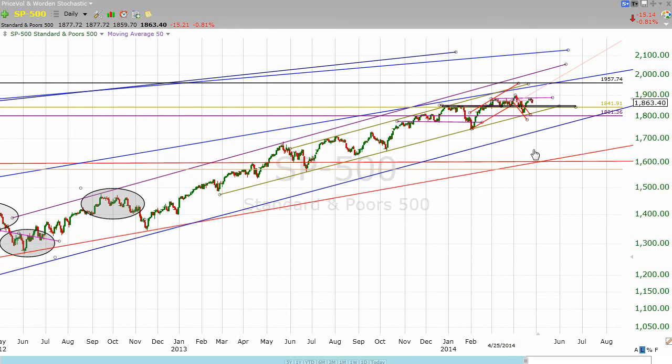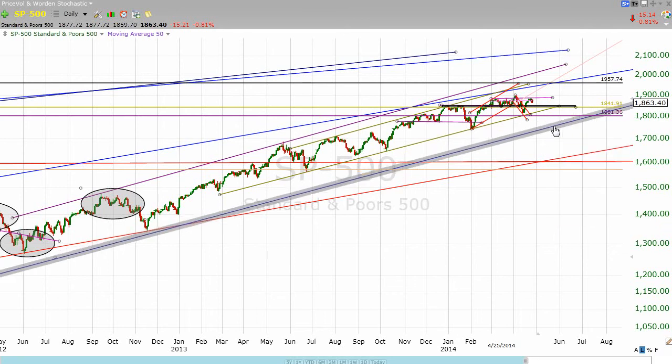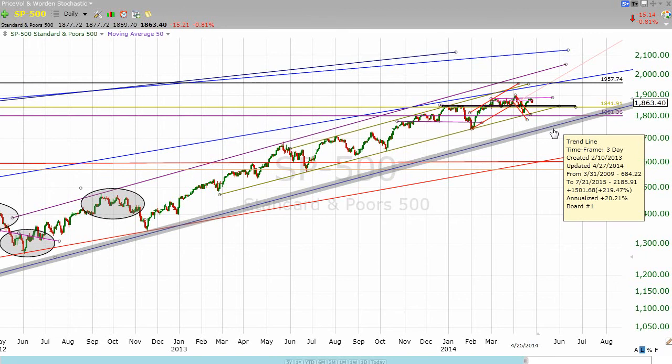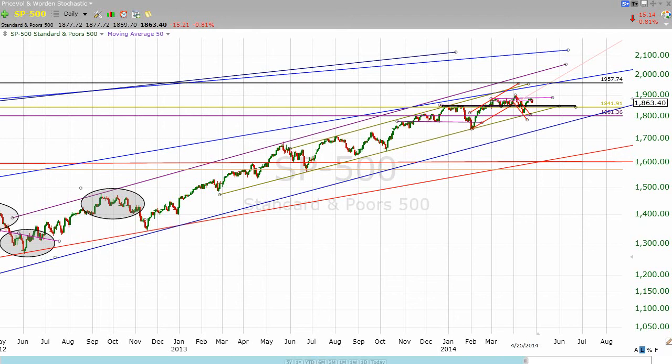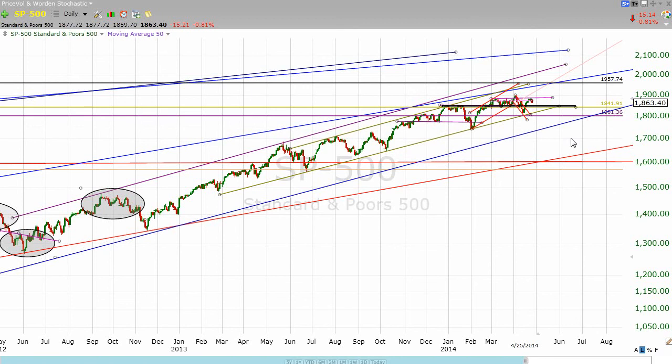But the first sign of a potential bear market turn, I believe, would be taking out this blue line right here that is our long-term support line, and it is currently at approximately 1738, 1733. It's currently, let's just call it the 1730s.